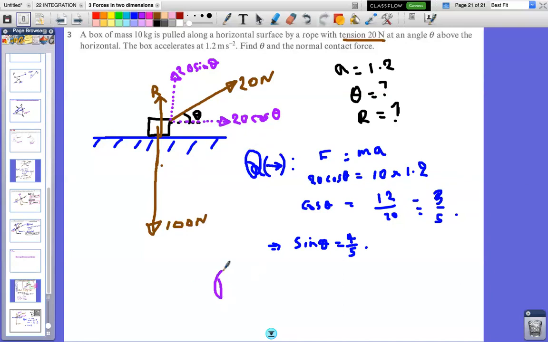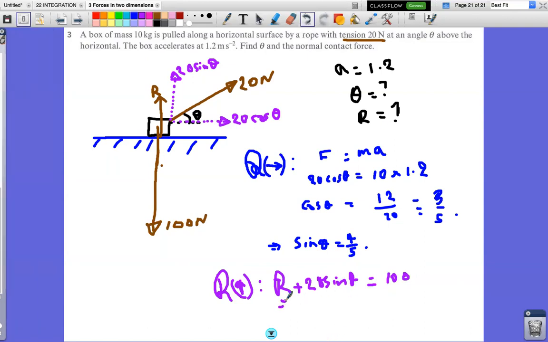So we can now resolve vertically. We apply Newton's second law vertically. There is no acceleration vertically, so the sum of forces should be 0. So this force should be equal to that force. So we'll get R plus 20 sine theta should be equal to 100, right?